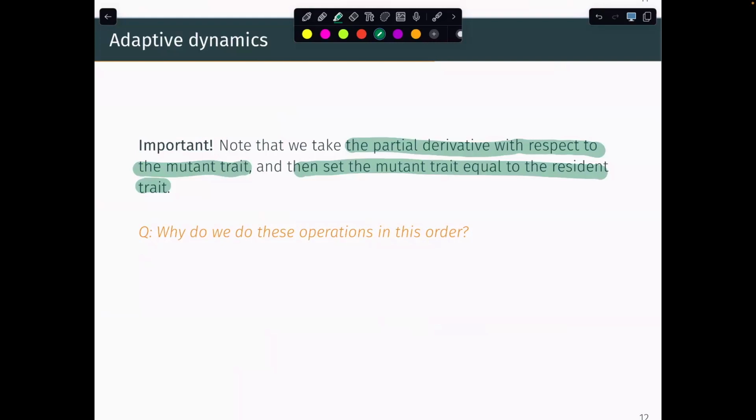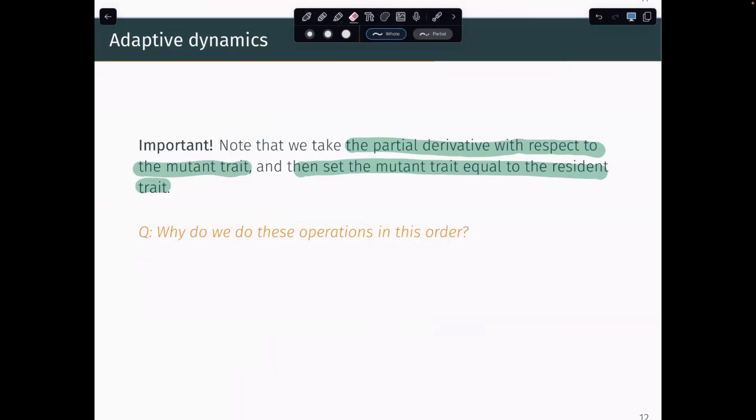Well, our W of XM and XR is the invasion fitness of our mutant. And the reason XR features in that invasion fitness is because the mutant is not just invading into a vacuum, it's invading into an environment that is determined by the current resident population. So the current resident population is determining the conditions under which our mutant is invading.